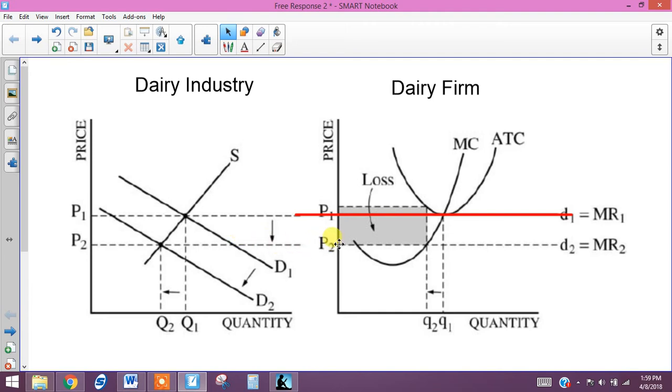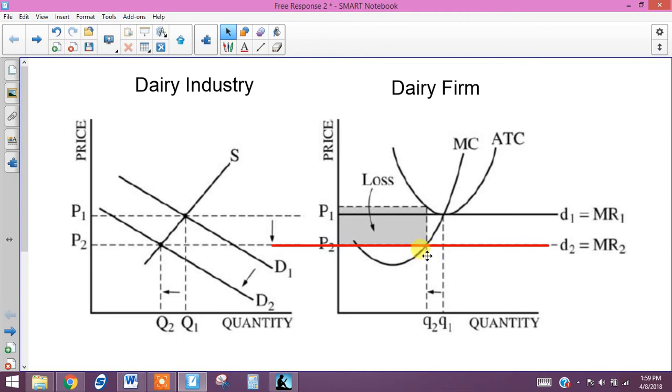So then we want to jump over here and reflect that new price through to the firm. So now we're operating here, and remember, the individual firm always produces where marginal cost equals price.